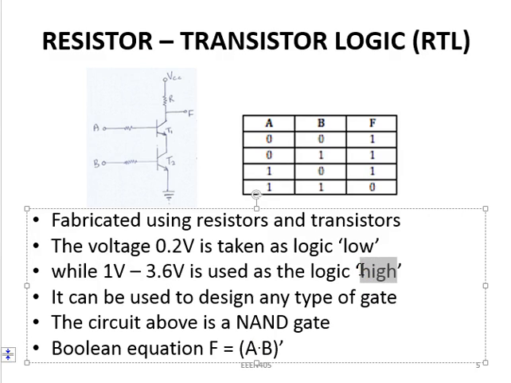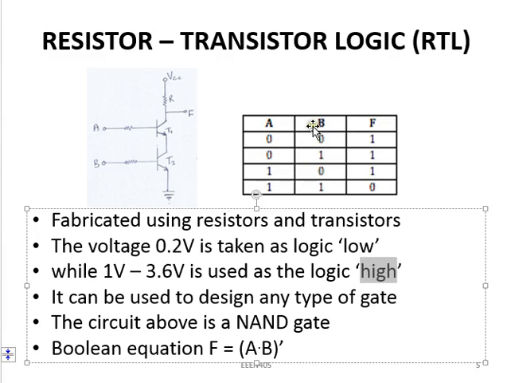If we want to analyze this circuit, since we have two inputs A and B, this is the truth table, and for two variables the combinations are 00, 01, 10 and 11.